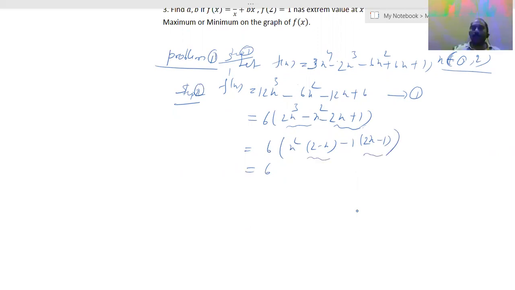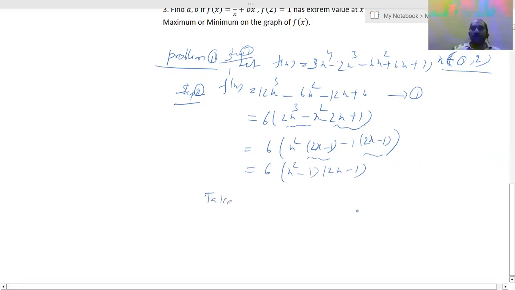Here also I made a mistake. Because x square is a common factor, in the first term we are left with 2x. So this becomes x square minus 1 into 2x minus 1.